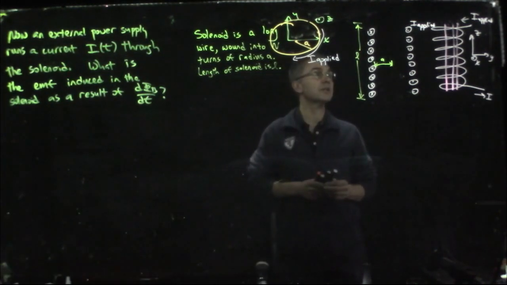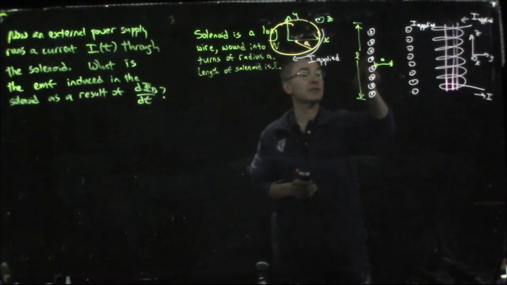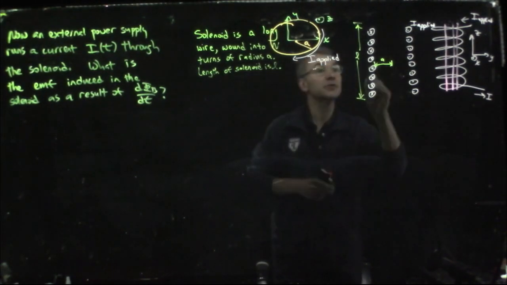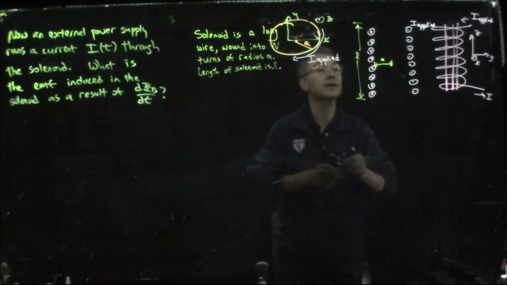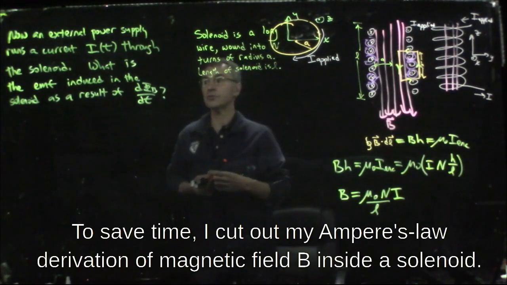So if the applied current goes into the page over here on the left side of my slice through the solenoid and out of the page over here, that will create, around each tiny little wire of the solenoid, let's see, on the side where it's into the page, the magnetic field lines will circle around like that. Okay, now we want the induced EMF.